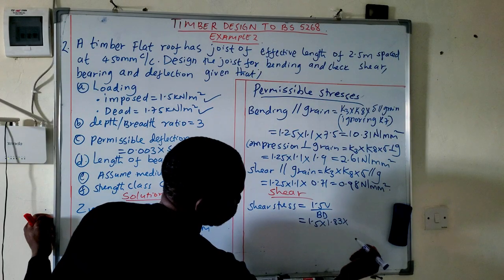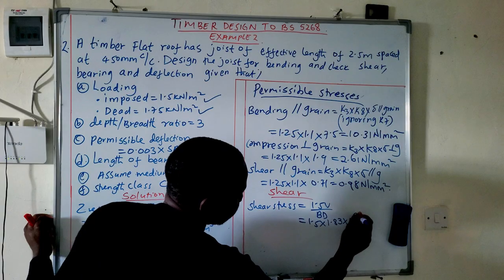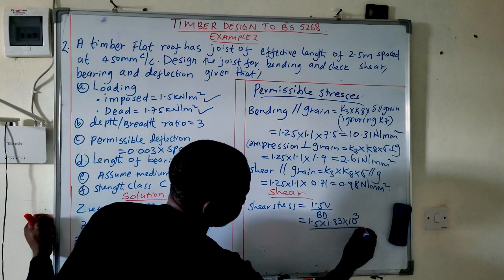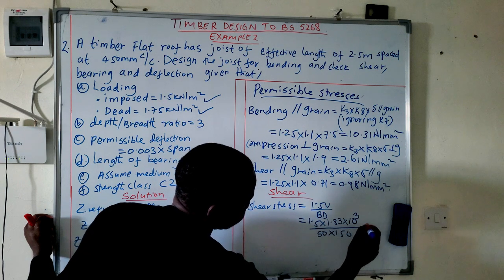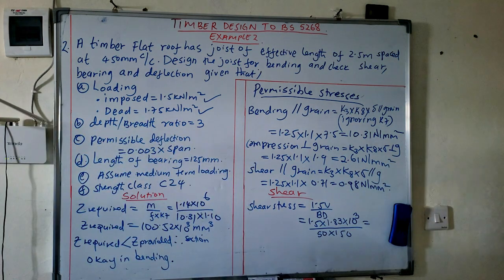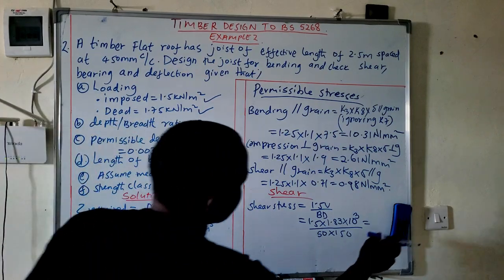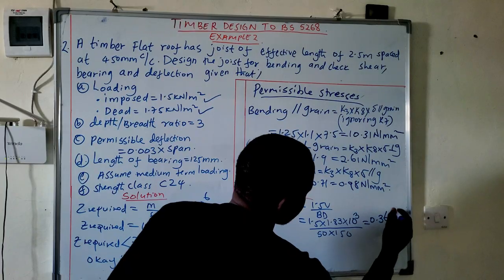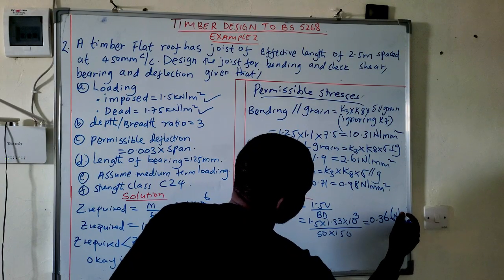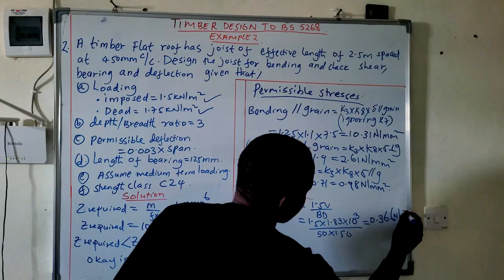You convert it to Newton, times 10 raised to the power 3, over B 50 times 150. So the answer is 0.366 Newton per millimeter square.